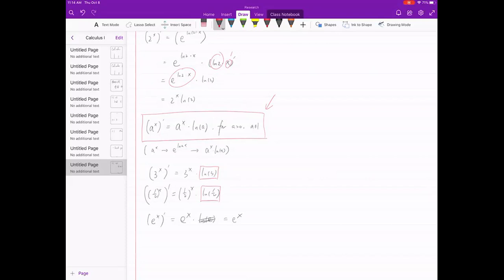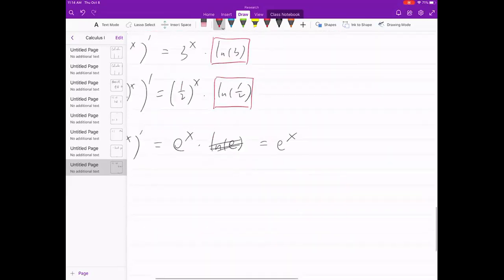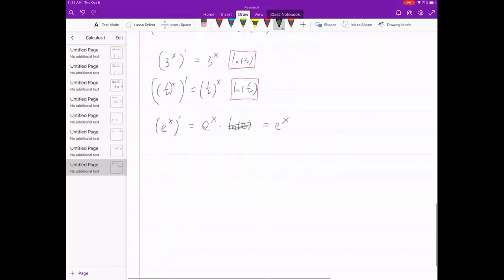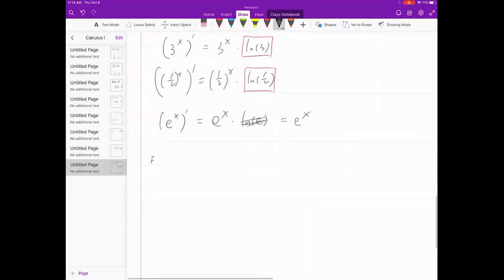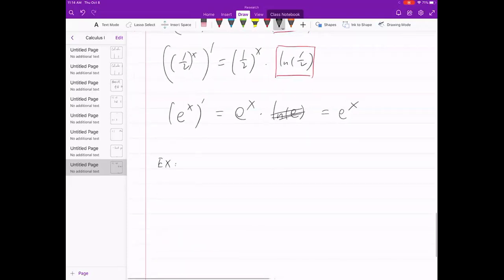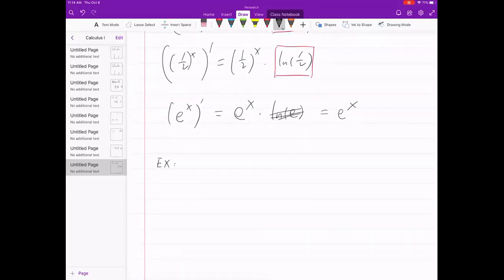Let's do more. Let's do a long one. Let's create one by ourselves.